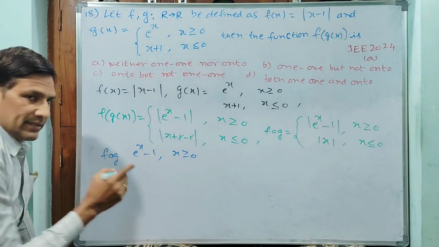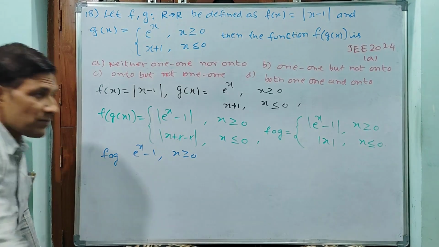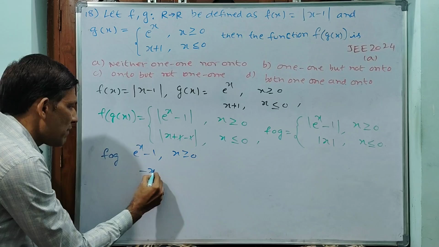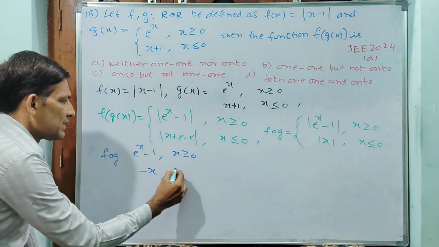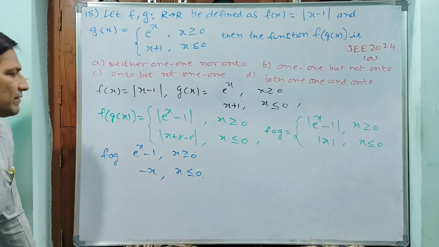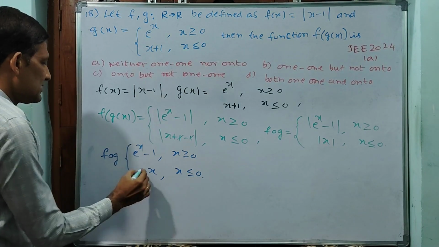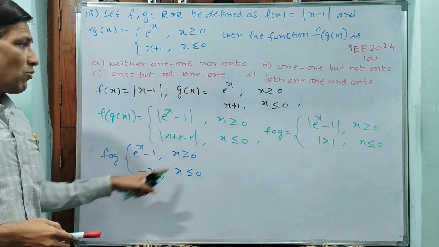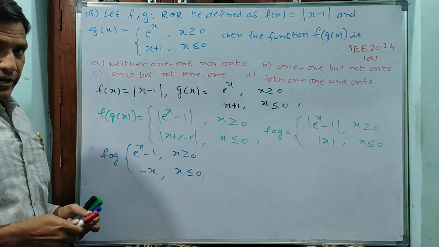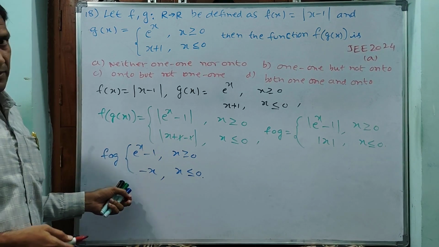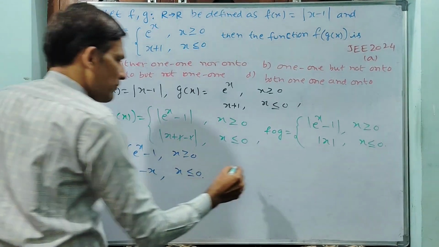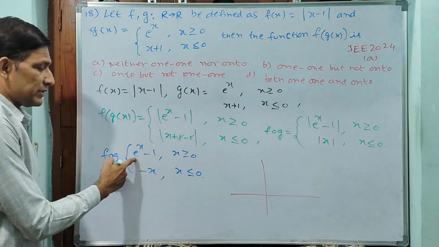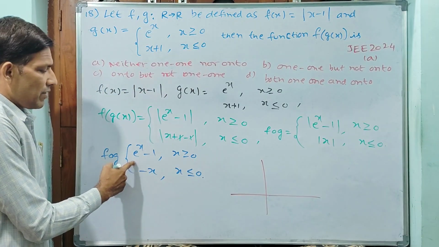Another thing. What is this function? This function we know very well. When x is less than 0, modulus of x is going to become negative x. Now let us plot this graph. First of all, this function I am plotting, the negative function.